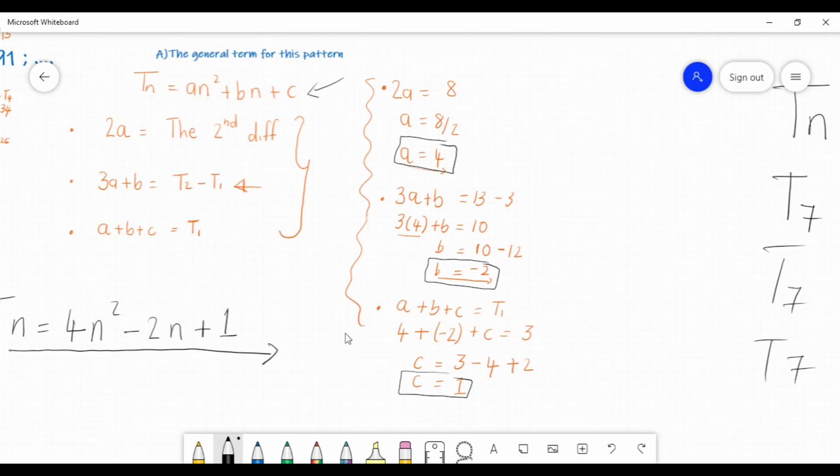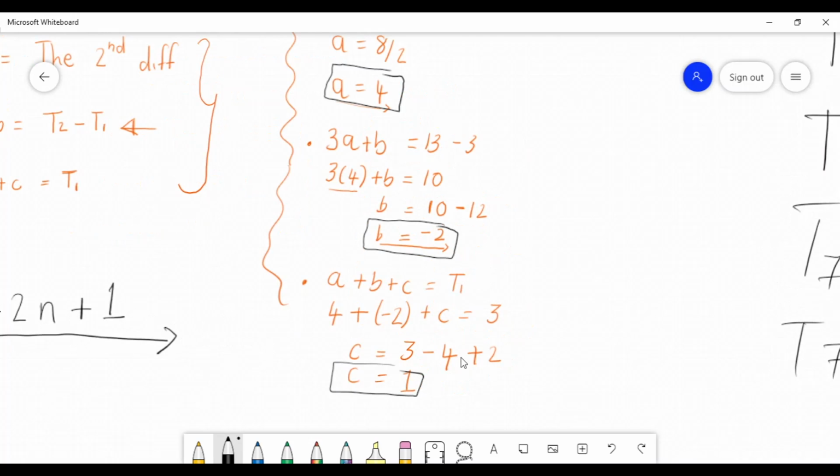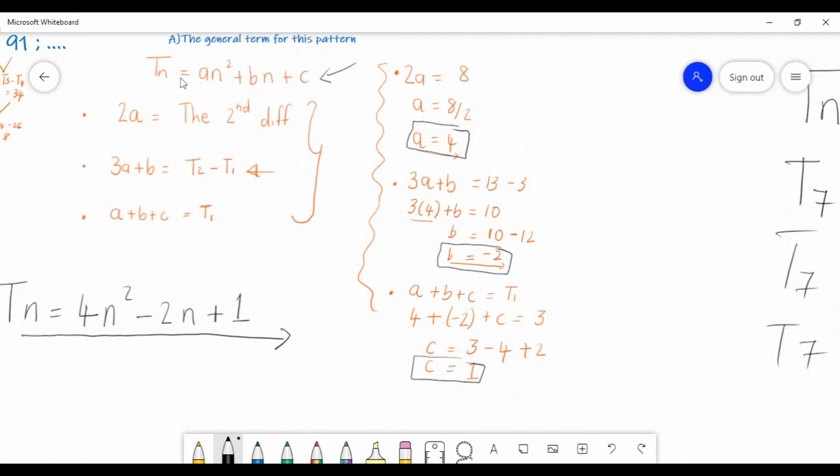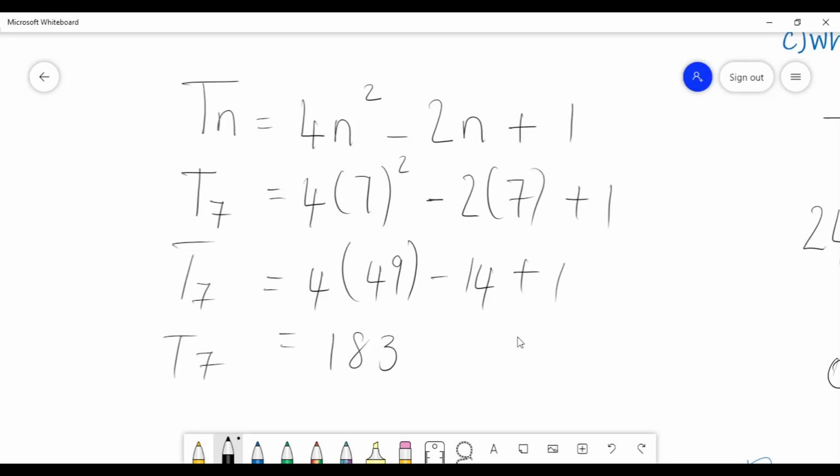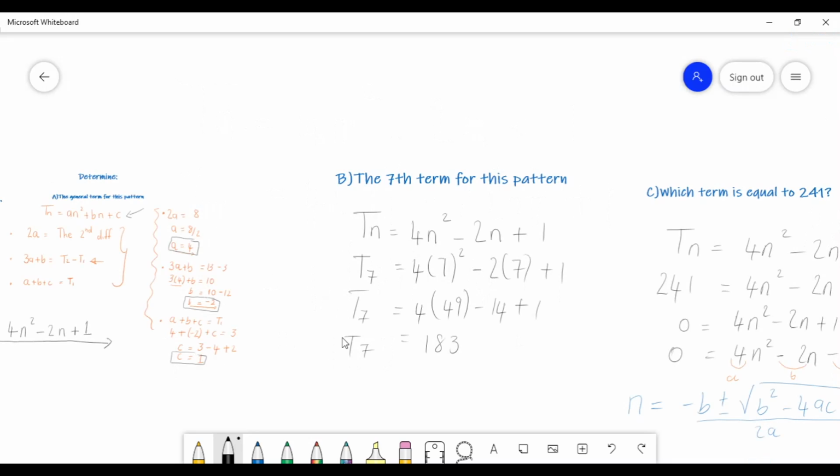After finding these values, we simply substituted them into our general equation of Tn is equal to an squared plus bn plus c, and we found the formula for our nth term for this quadratic sequence. Moving forward, the questions really got easier. We had to calculate the seventh term for this pattern, and we found that the seventh term for this sequence was equal to 183.